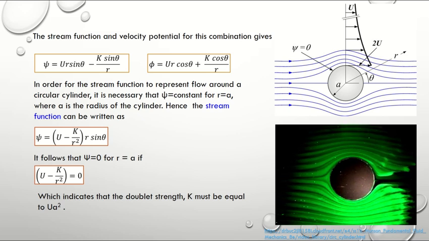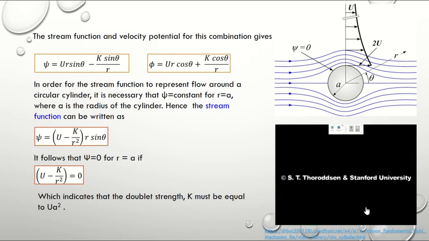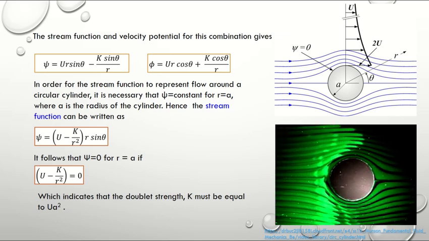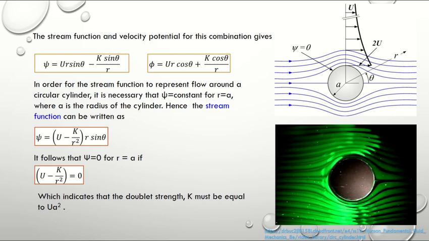The streamlines are made visible by the injection of dye. It can be shown that the streamlines for this type of flow are the same as those of potential flow past the object. So potential flow streamlines for flow past a circular cylinder are approximated here by using a thin circular model in a cell.